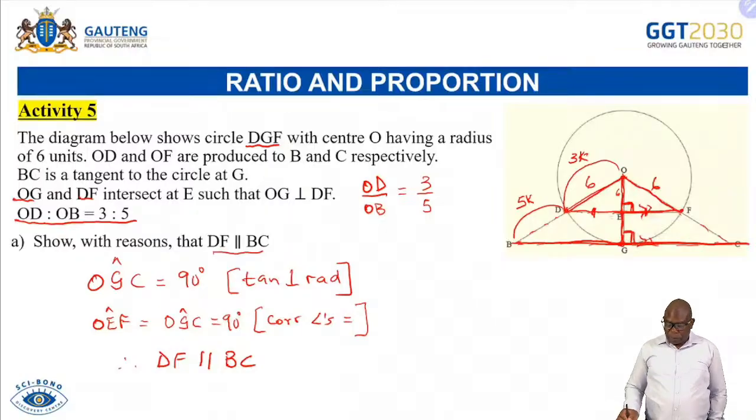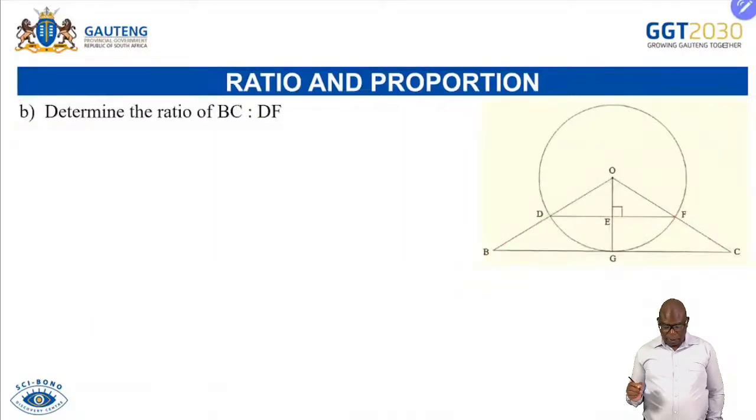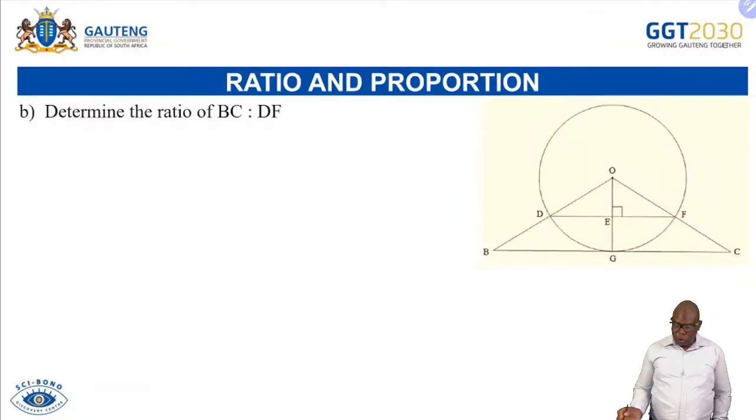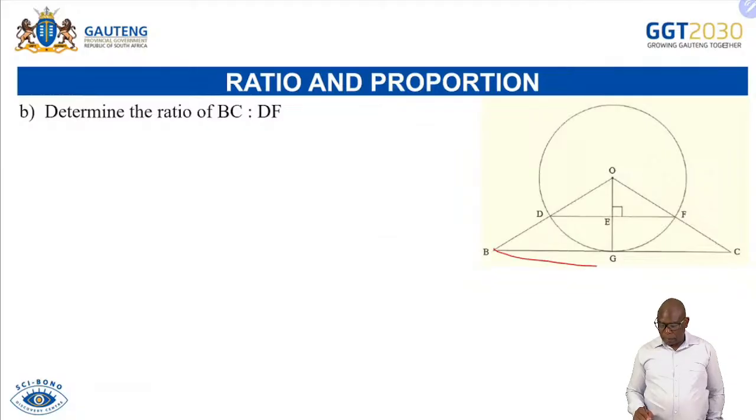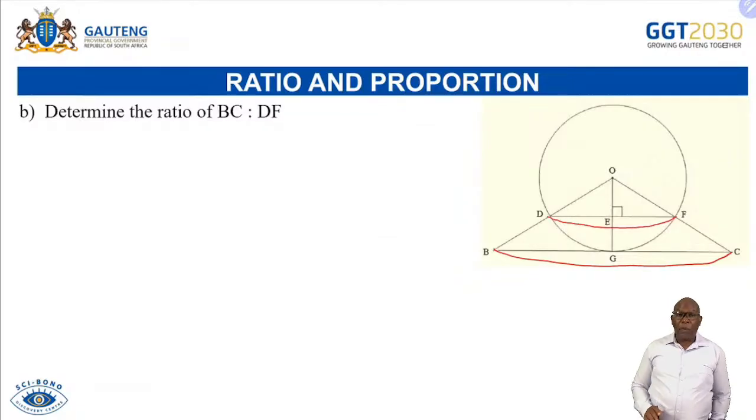Okay. All right. Now the next question says, determine the ratio of BC to DF. Now we need a ratio.